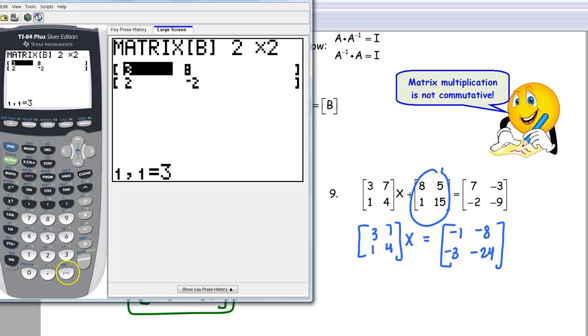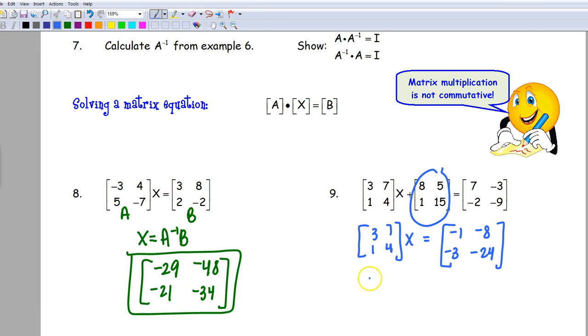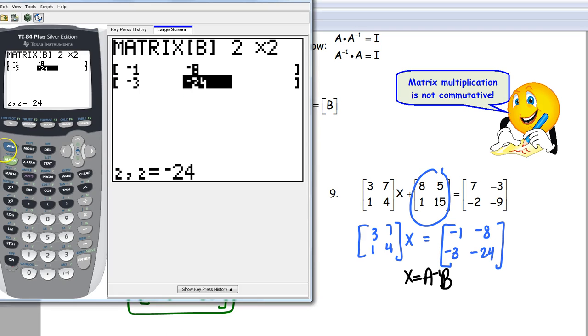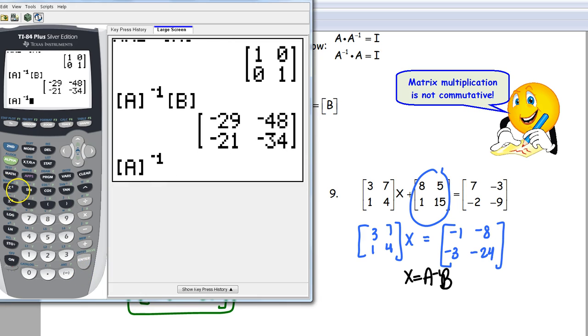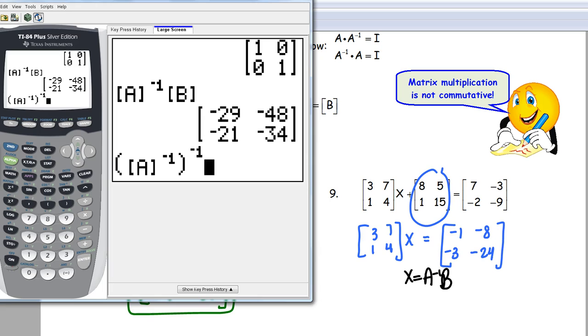And our new matrix is negative 1, negative 8, negative 3, and negative 24. And again, we're always going to write this x equals A inverse B. Second matrix, A, inverse button, second matrix.